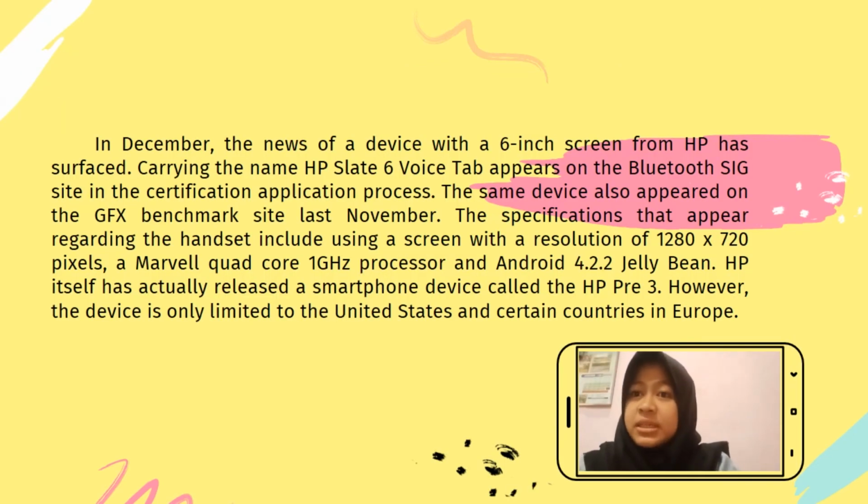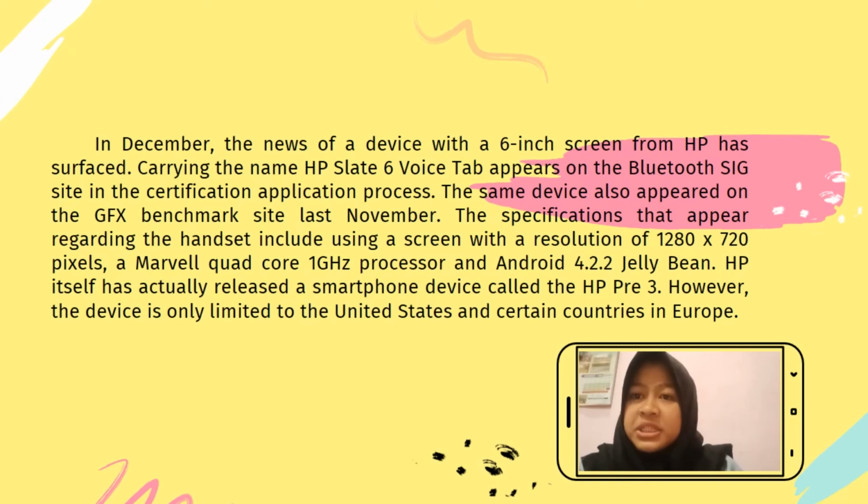In December, news of a device with a 6-inch screen from HP surfaced. Carrying the name HP SIG voice tap, it appeared on the Bluetooth SIG site in the certification application process. The same device also appeared on the GFXBench site last November.